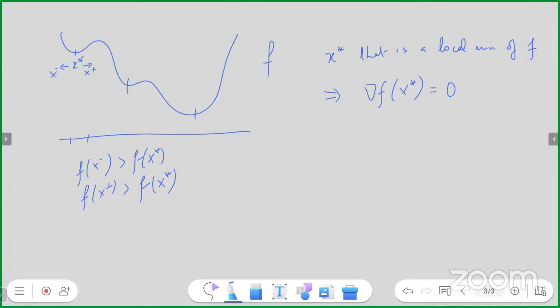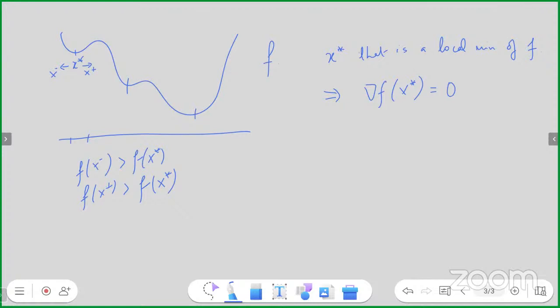If I take a small epsilon greater than 0, and I'm looking at the Taylor series expansion around X star, I will write f of X star plus epsilon equals f of X star plus epsilon times f prime of X star, grad f, and so on. If I take epsilon tending to 0, all the order of epsilon square terms will be negligible.